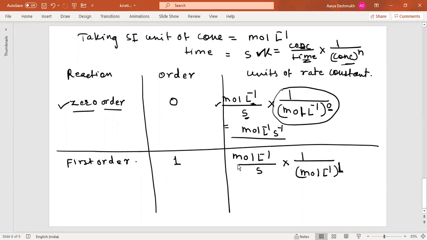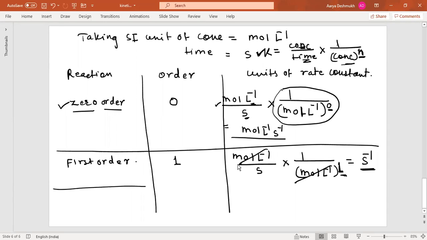What is this 1? This is the order of the reaction. I have substituted the value of n here. This n equals 1. So this will get cancelled out. Now you are left with second inverse. So this is the unit for the first order reaction.